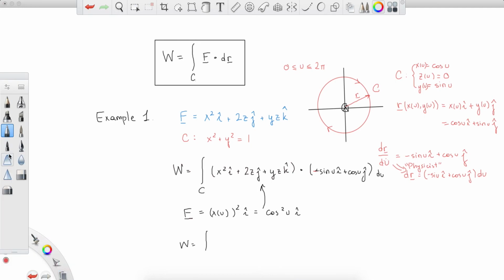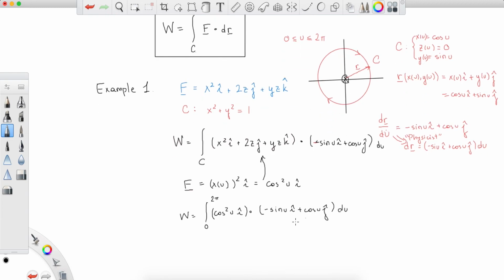If it had been in the anti-clockwise direction, we would have used different parameterizations. So u goes from 0 to 2 pi of cosine squared of u i dot product negative sine of u i plus cosine of u j du. Obviously the j term we don't really care about because it's going to be 0 anyways in the dot product.